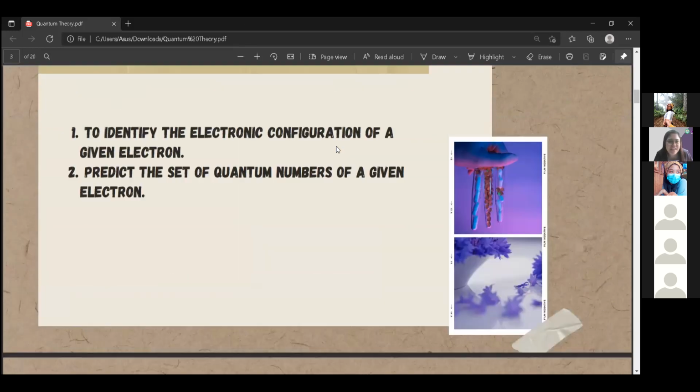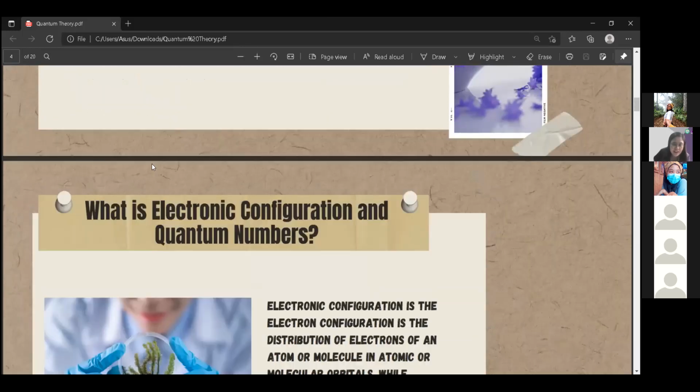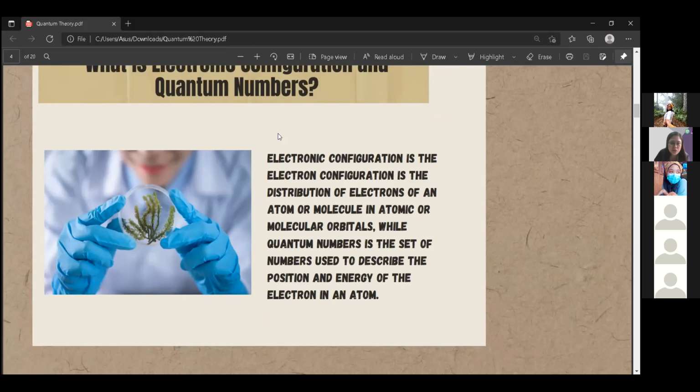Okay, seems difficult. There. First, our objectives: to identify the electronic configuration of a given element and predict the sets of quantum numbers. So electron configuration, class, is actually referring to the distribution of our electrons in our atom. How are they distributed in our atom?